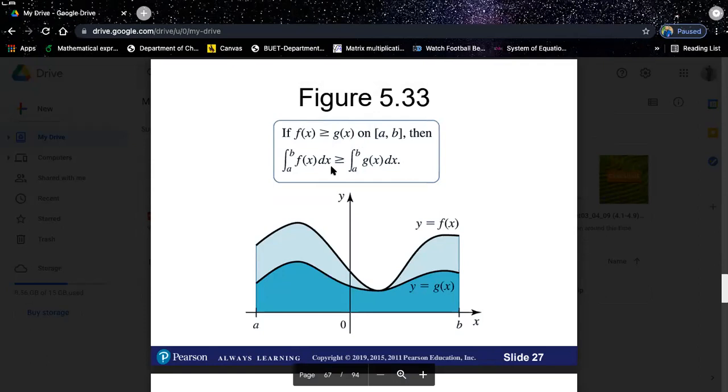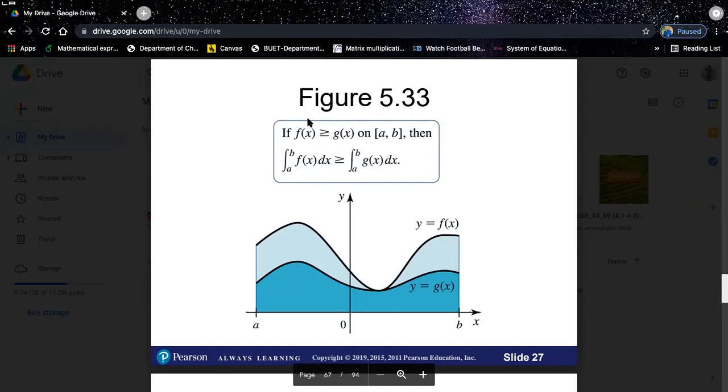That means the area under this curve will be at least greater or equal than the area under this curve. Okay, and you can clearly imagine why.